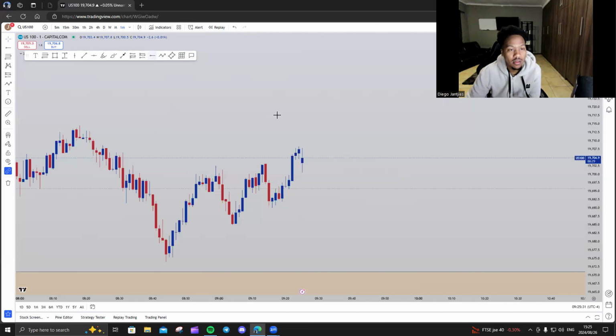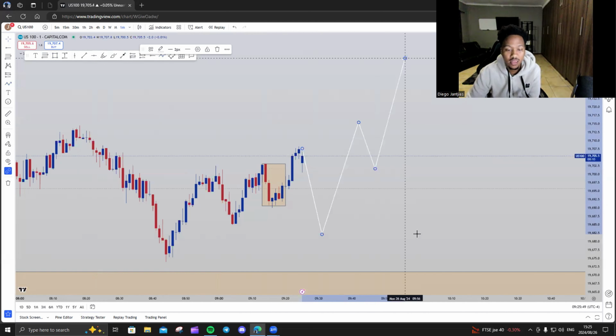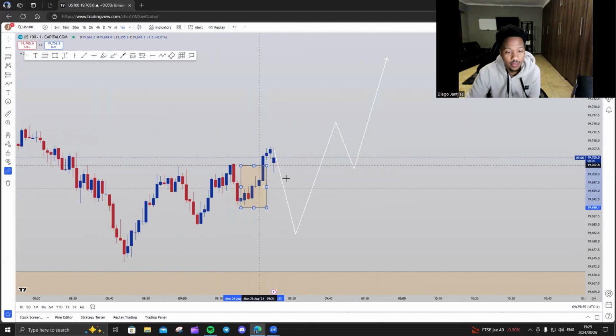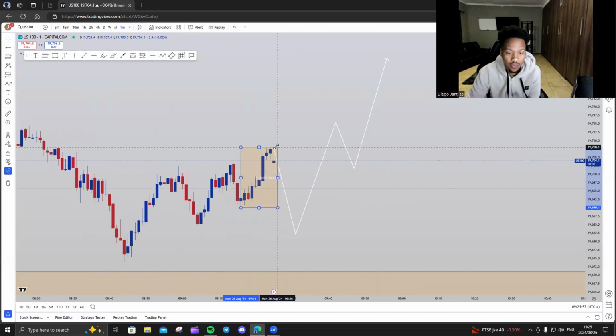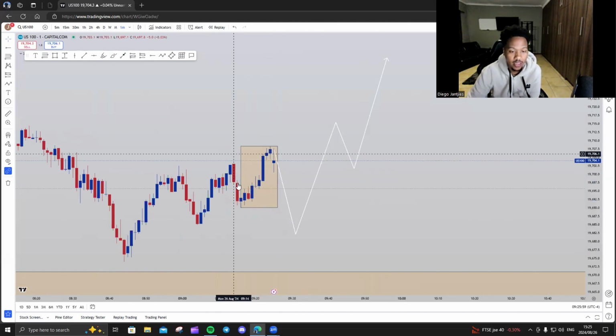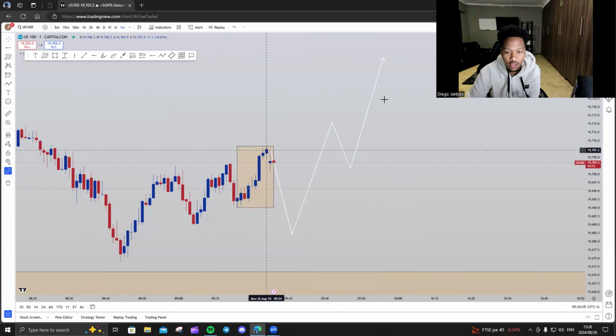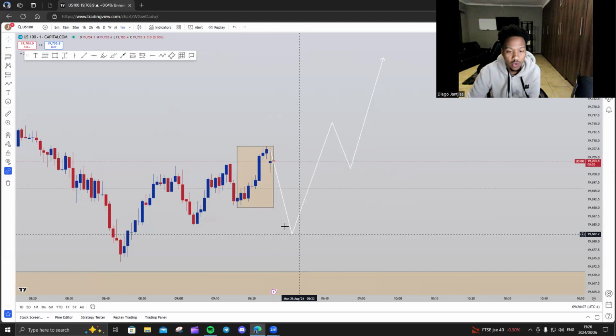Then all I want to see on the 1 minute time frame is this little correction we find ourselves creating right over there to be violated, and then a closure above, and then we look for some beautiful, beautiful long opportunities.